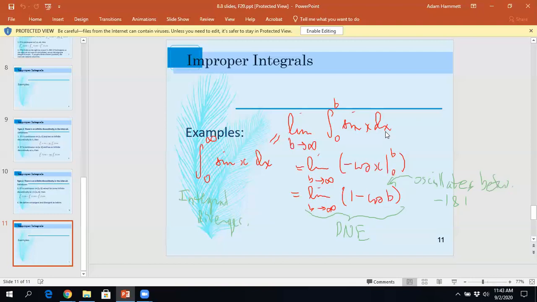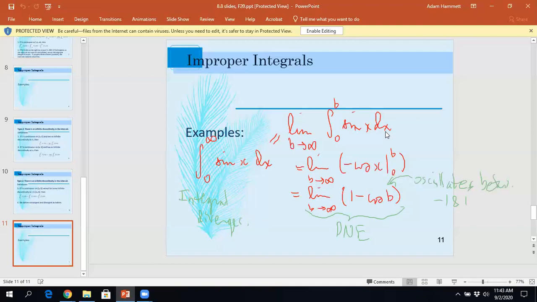It's not getting close to any particular number, and it's not even blowing up to infinity or going down to minus infinity. It has this oscillatory behavior that we cannot get a handle on, so it diverges. You just say the integral diverges and that's it.